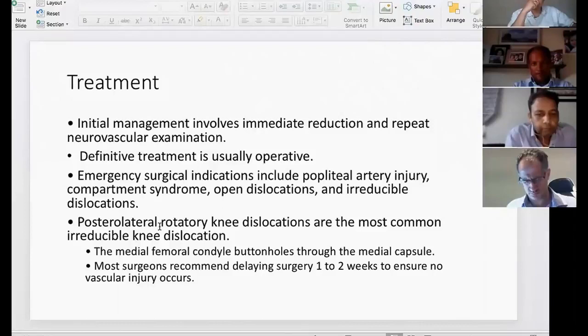Surgical indications include emergency surgical indications such as popliteal artery injury, compartment syndrome, open dislocation, and irreducible dislocations.